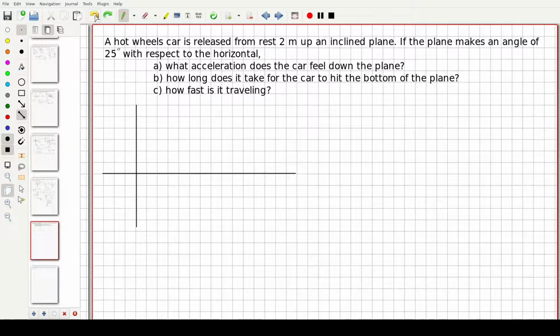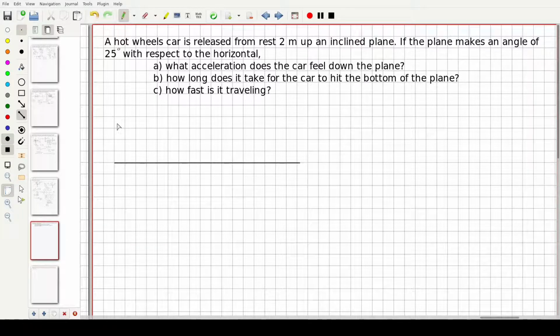So, let's draw a picture. Actually, let me draw this a little differently just to make our life easy. So here is the X. Here is the plane, like this.